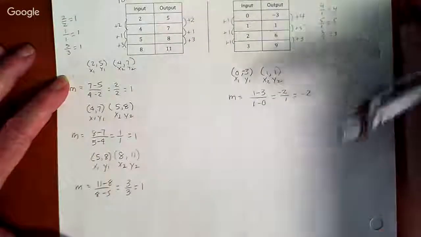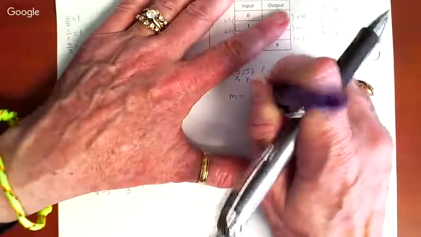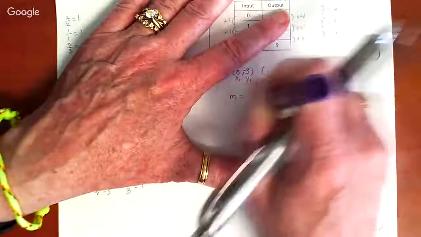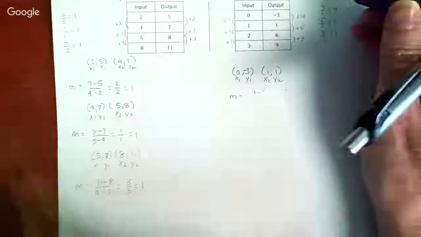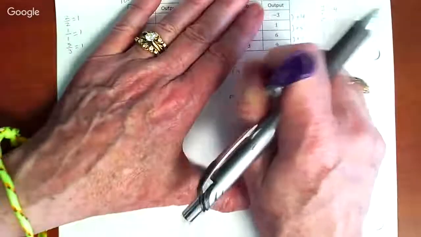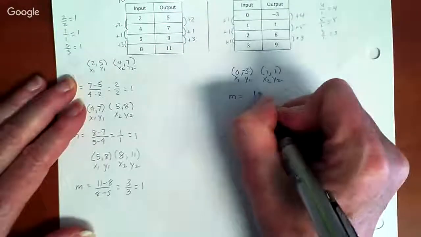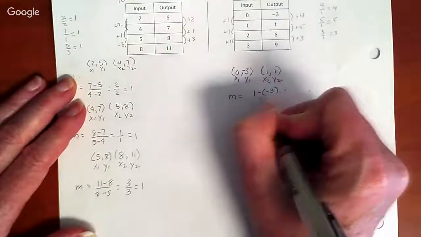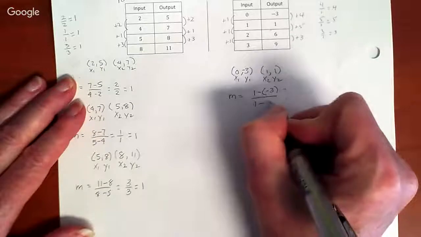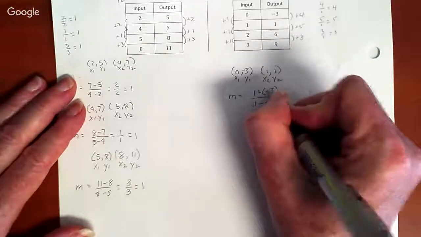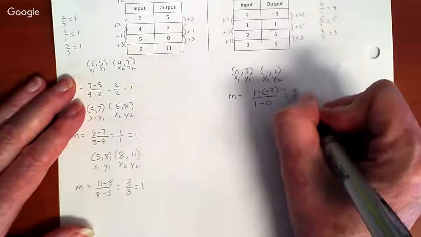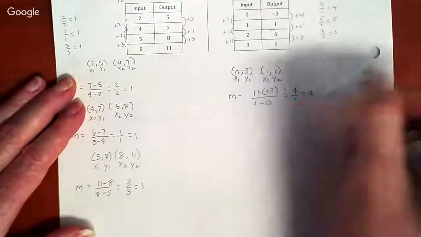I apologize. Let me redo that. Here I get 4 over 1, which is 4.